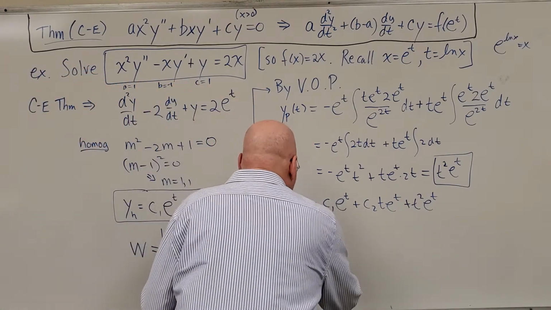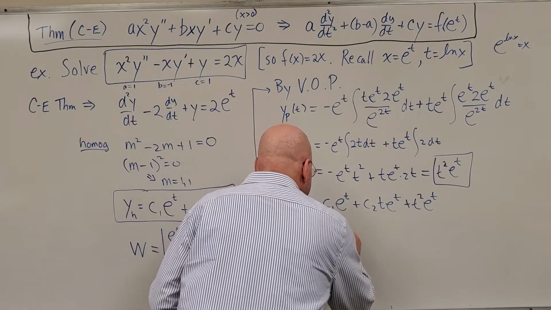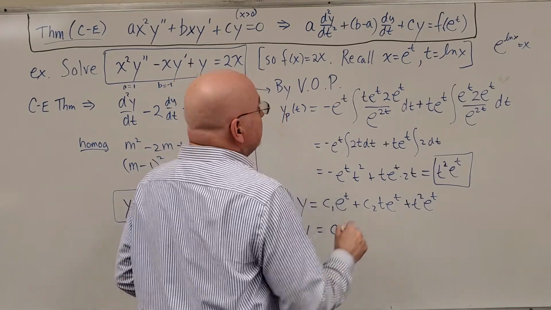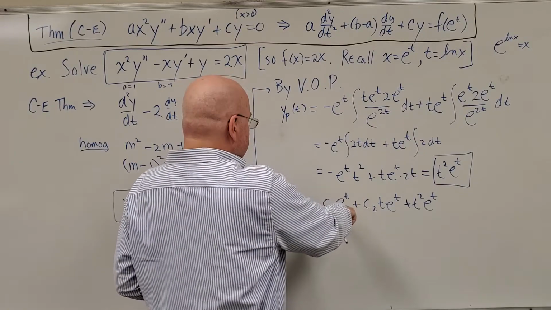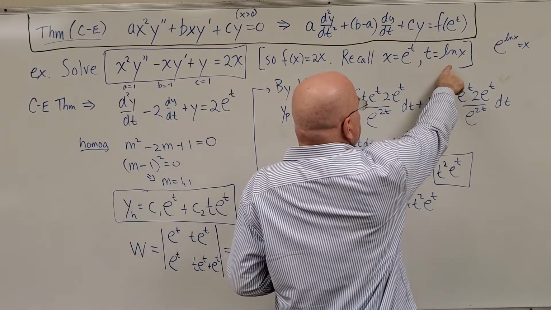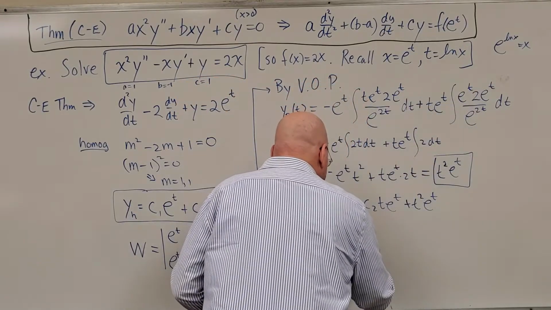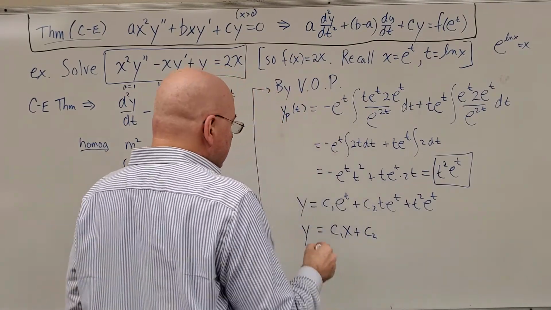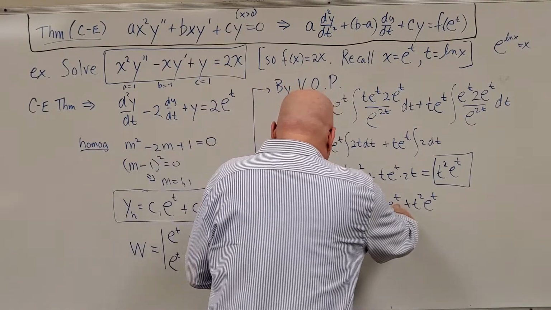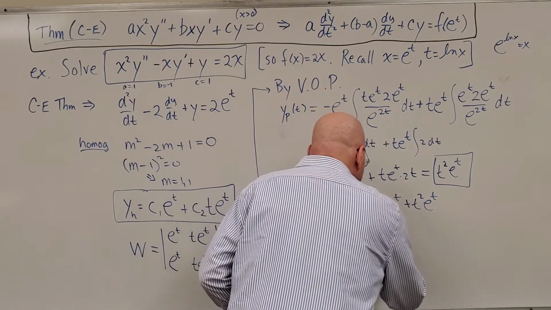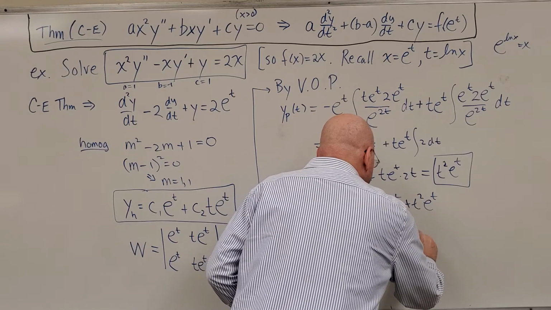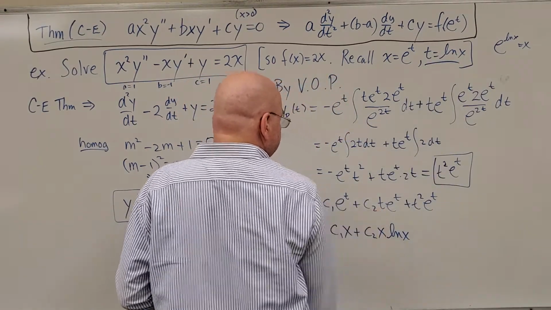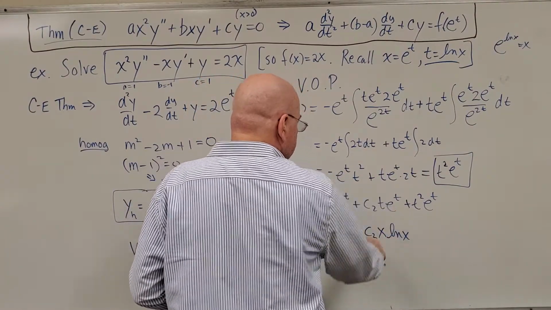So I'm going to get y is equal to c1. Here's where I get the e to the t, but t is ln x, so I get e to the ln x, so that's an x. Plus c2, same thing, this will give us an x, and the t is ln x, so x ln x, we use this for that t, and this e to the t is just x.